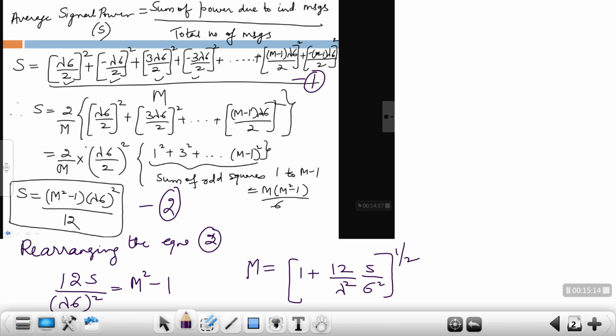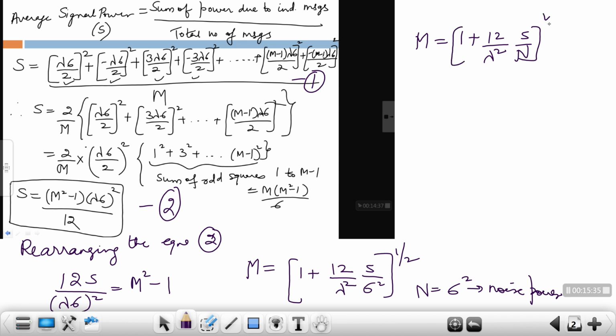Now what is sigma square? Sigma square is nothing but the noise variance, so it is nothing but noise power. So I can write m is equal to 1 plus 12 upon lambda square, S by N, and this is whole raised to half. Now this is the number of levels.